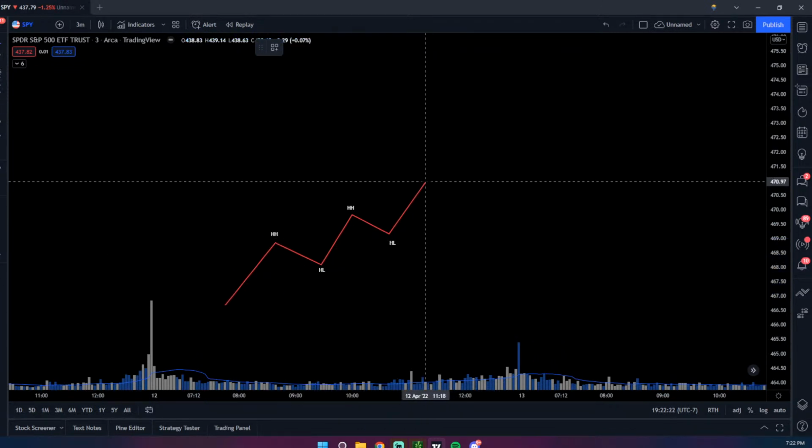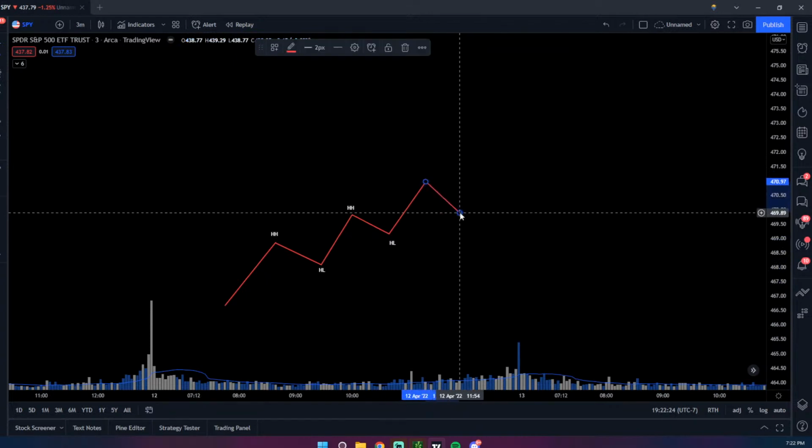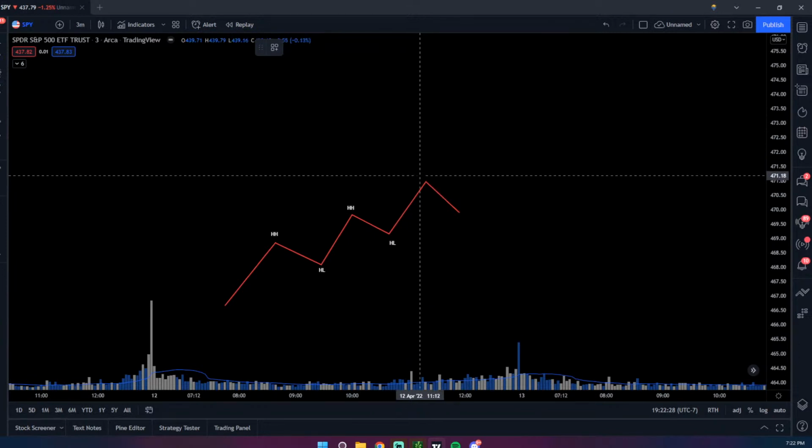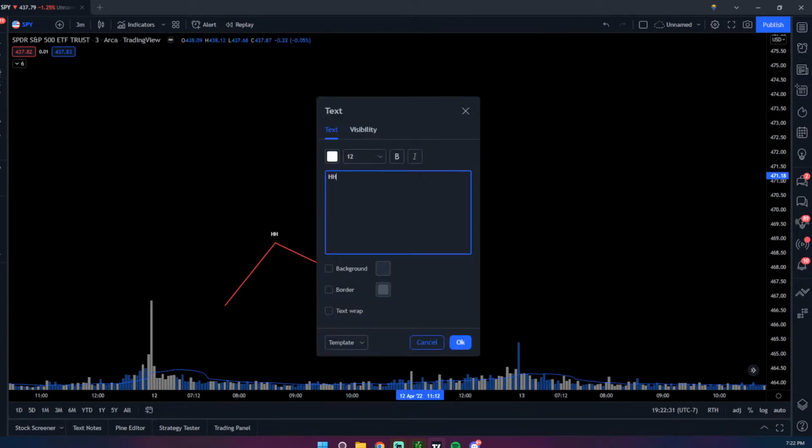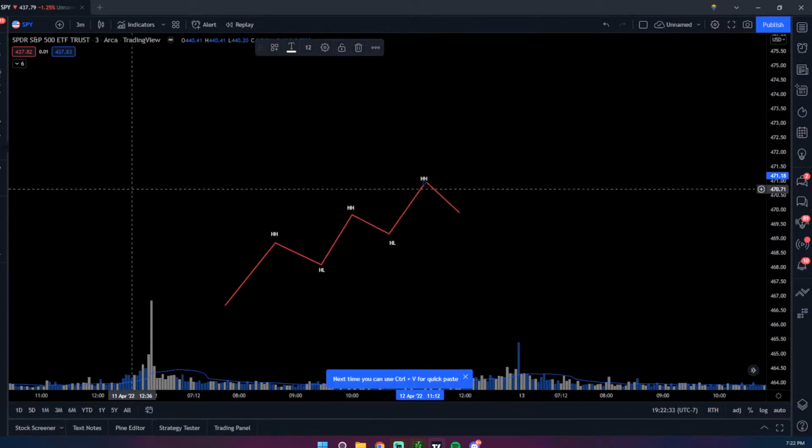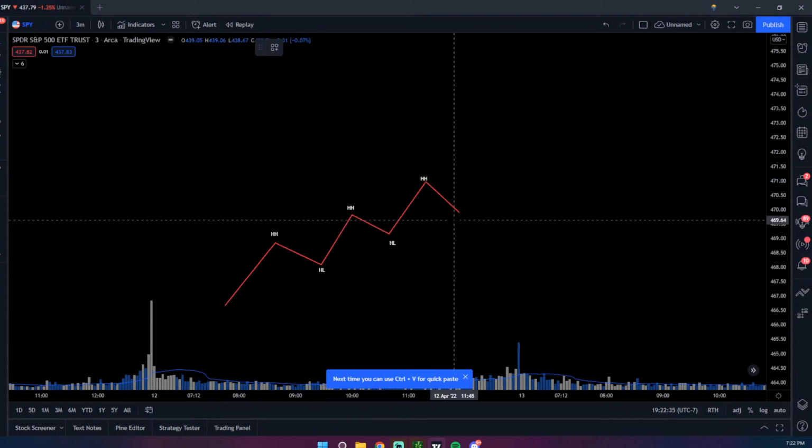Then we might see some choppiness, where now we have a higher high, and we have a higher low.